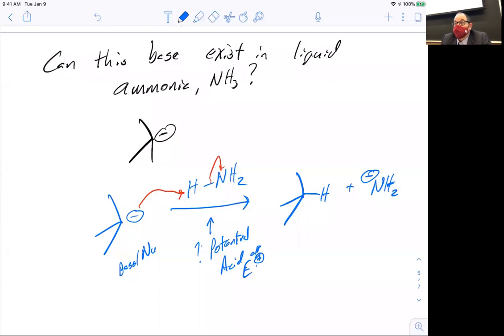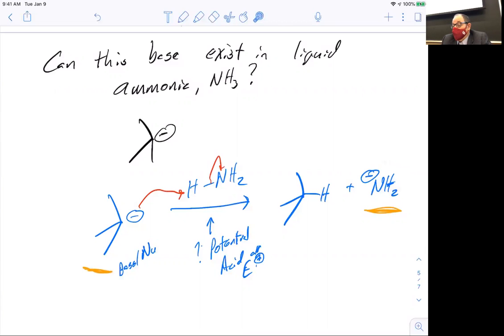Then the question becomes, is this more stable than that? If the starting compound is more stable, then yes, it could exist in that solvent. If the product, this NH2 minus, is more stable, then it would not exist, right? It would react as soon as I threw it in there.